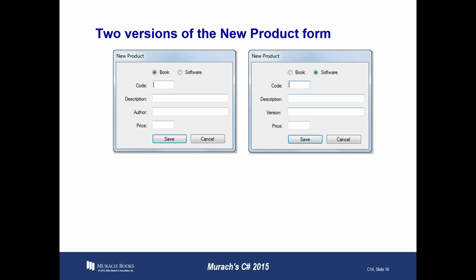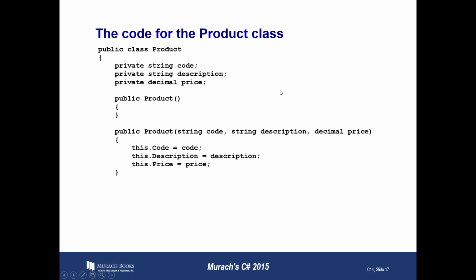So other than author versus version, these two things look identical to one another, except in this case we've chosen book, and in this case we've chosen software. So as we look at the code for our product class, to my knowledge, looking at this slide right here, nothing has changed. This looks the same as what we looked at and worked with earlier.